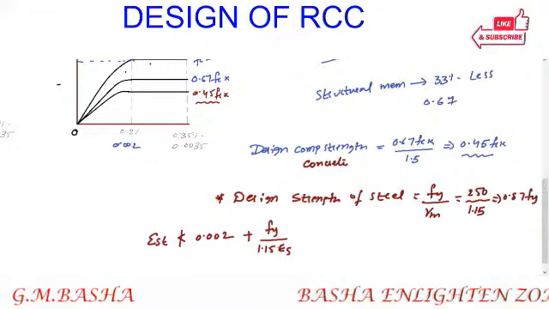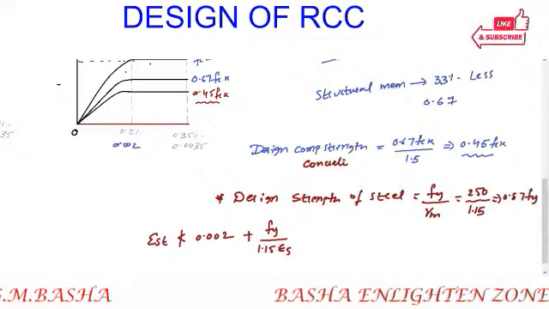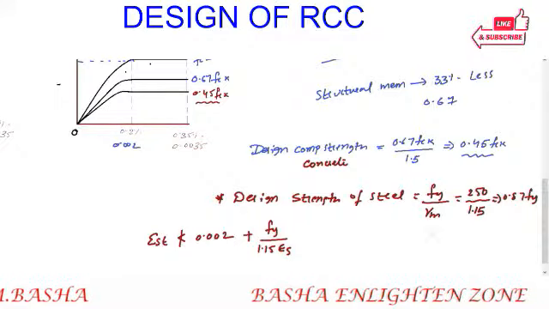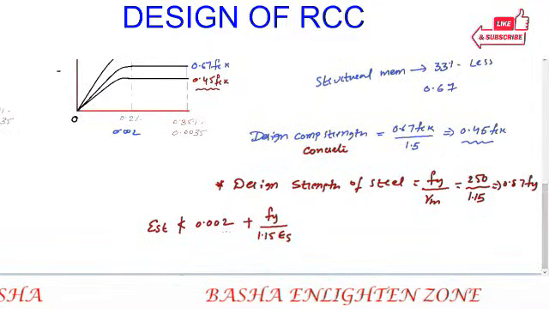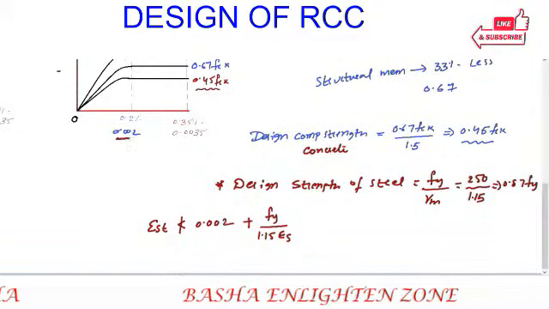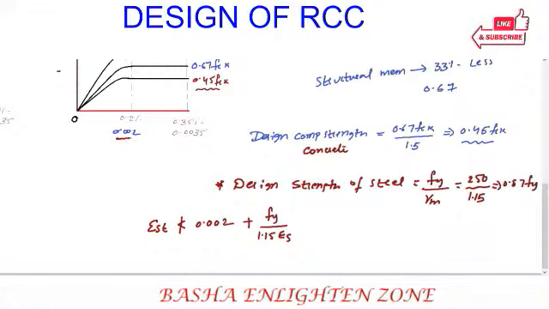It means the maximum strain in tension reinforcement in the section at failure should not be less than this condition, that is 0.002, because here the first crack will be developed.